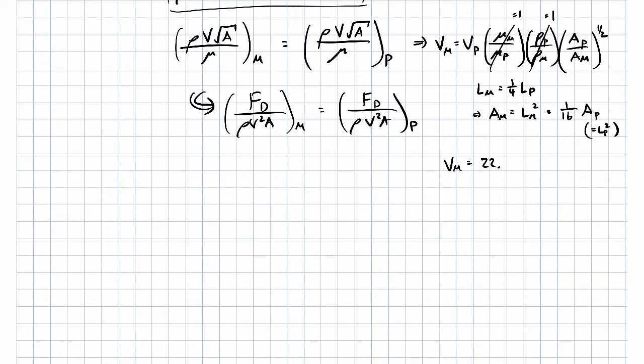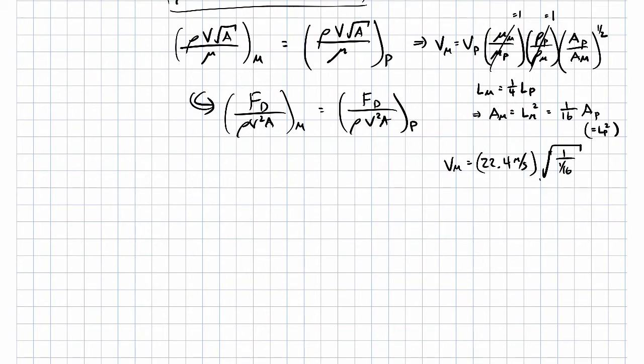So that was 22.4 in the prototype, and then that'll be multiplied by the square root of 1 over 1/16.